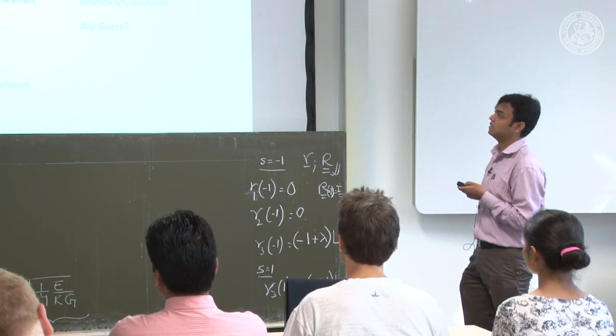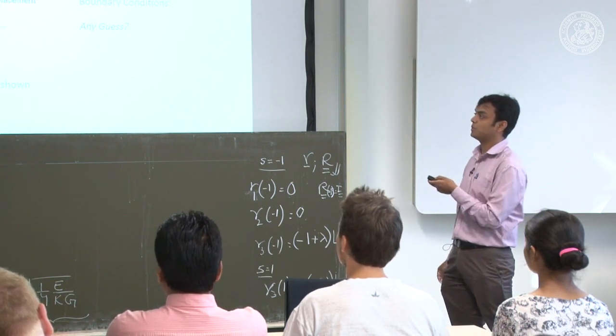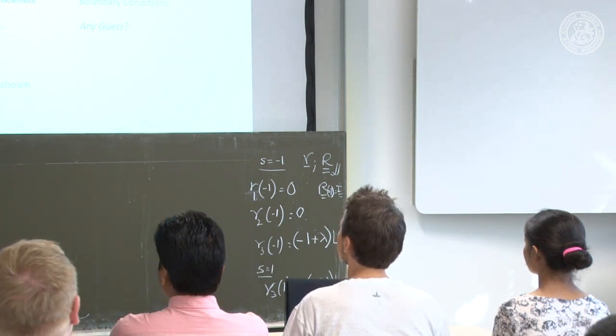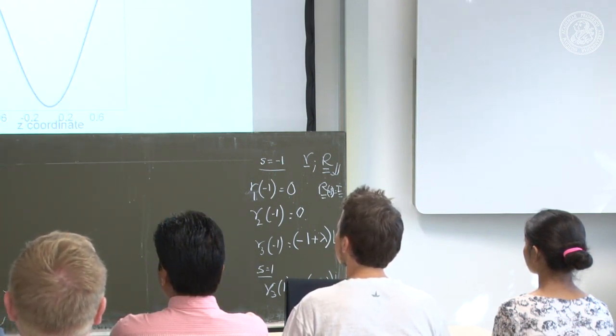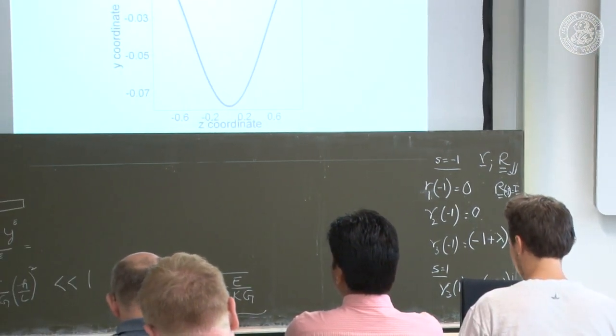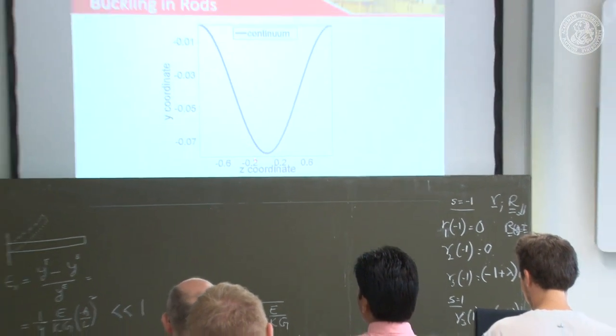So with that configuration, we compressed our rod and we found that it buckles in an Euler buckling mode. As I compress the rod, it buckles and gives me the Euler buckling configuration.